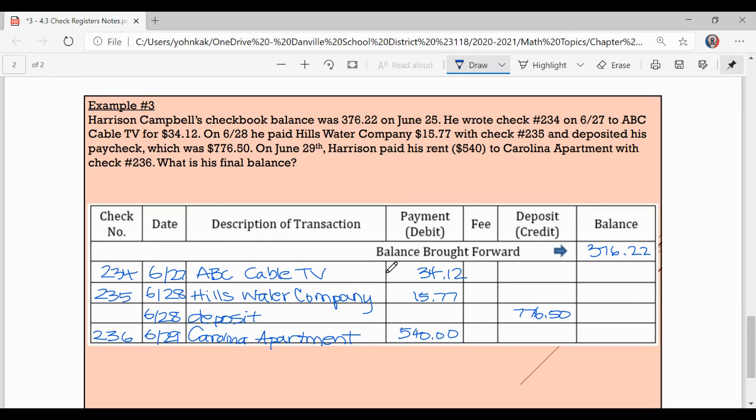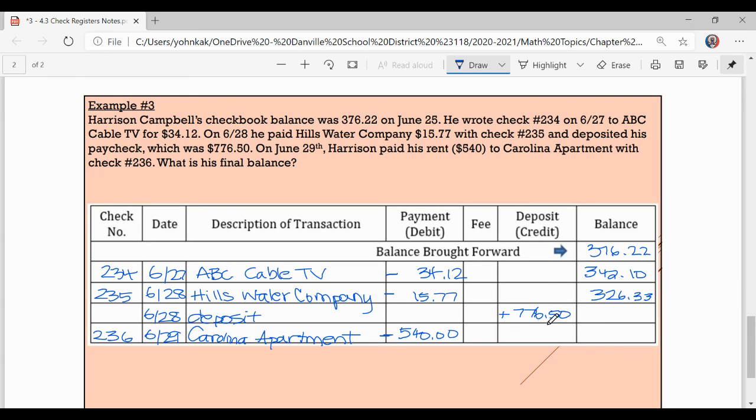Okay, so payments get subtracted, deposits get added. If we take $376.22 and subtract the $34.12, we get $342.10. Then if I subtract the $15.77, I get $326.33.